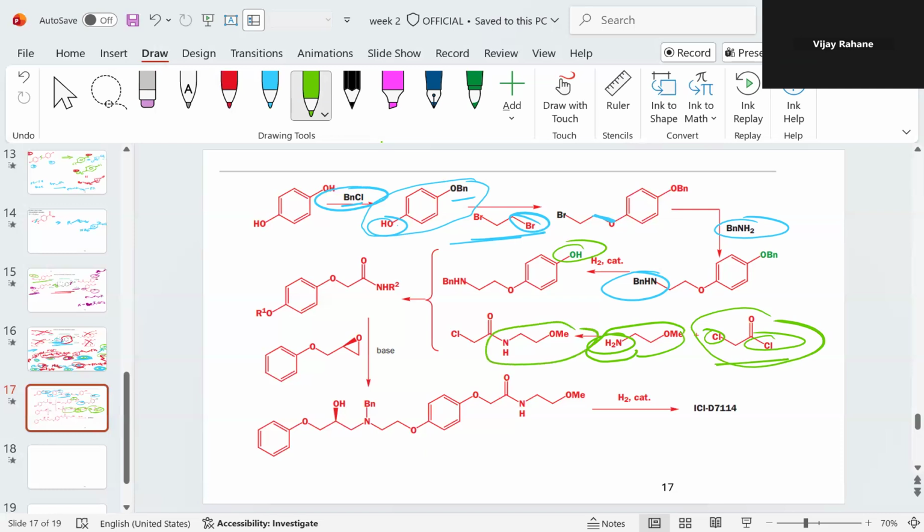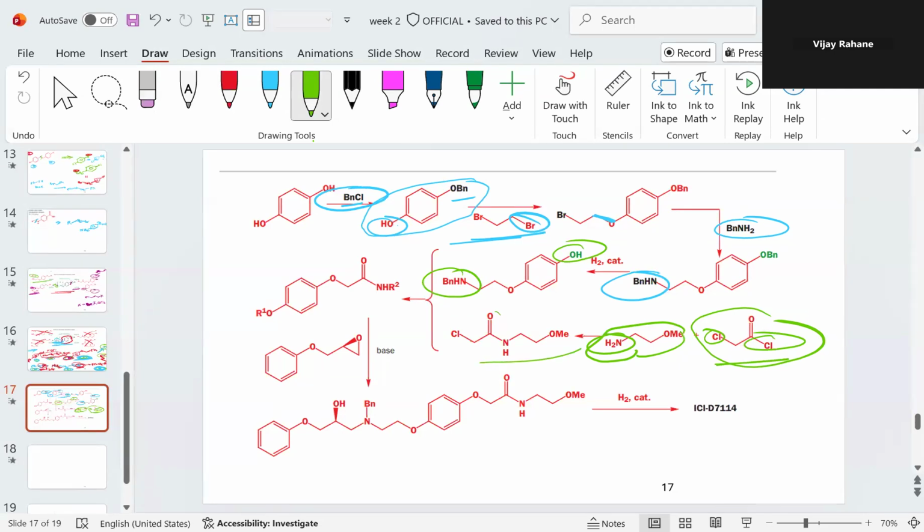And then this benzyl NH2 and this alpha-chloroamide part, so this is the chloro, this is the amide group, can couple in the presence of base.